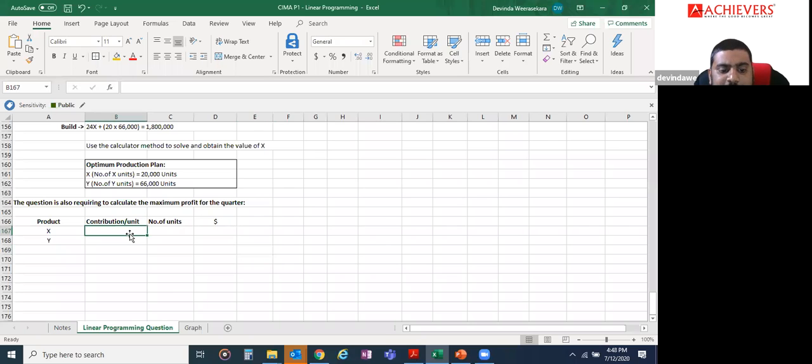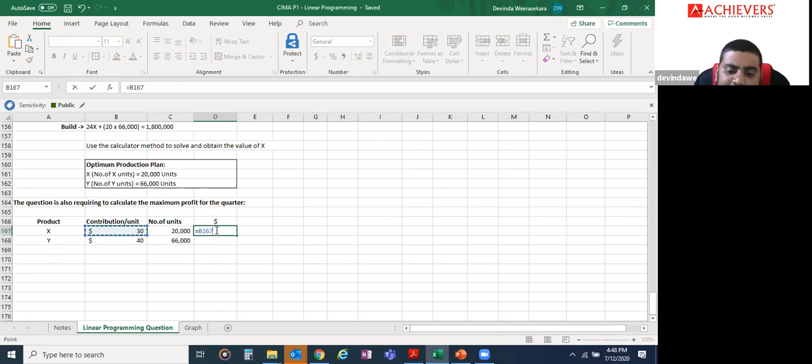So contribution per unit of X is $30 and Y is $40, right? We already know that from the question. And we are going to make 20,000 units of X and 66,000 units of Y. Okay. So then the total contribution I earn from X is $30 per unit into 20,000 units. I will earn a total of $600,000 of contribution from product X.